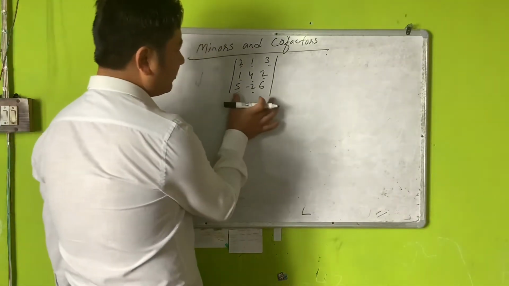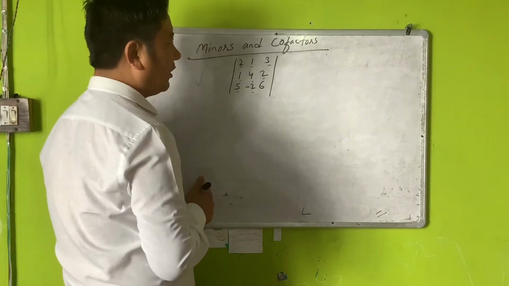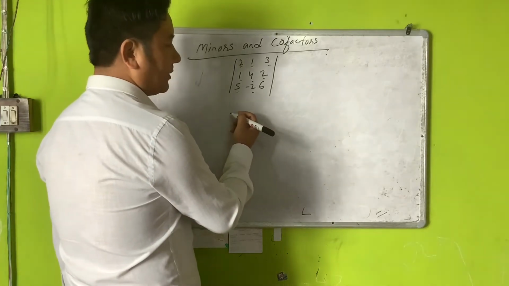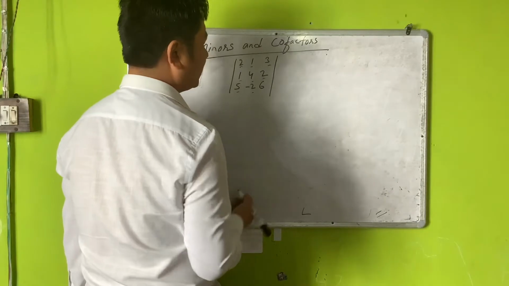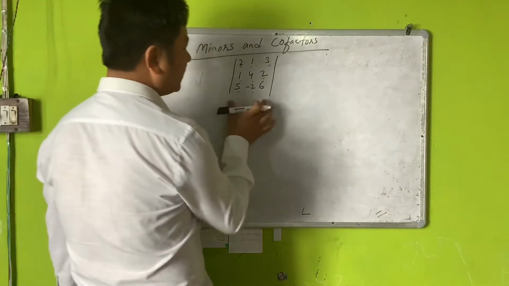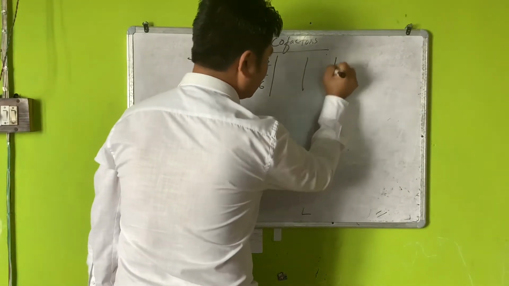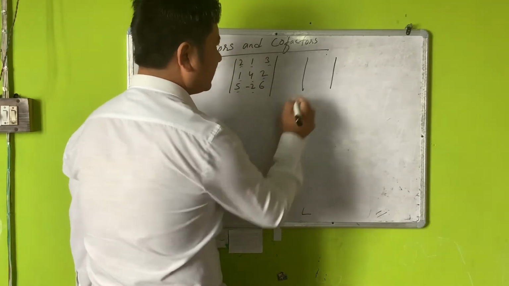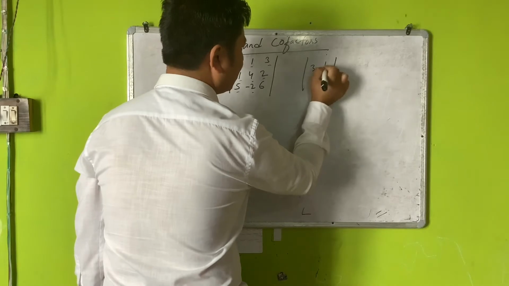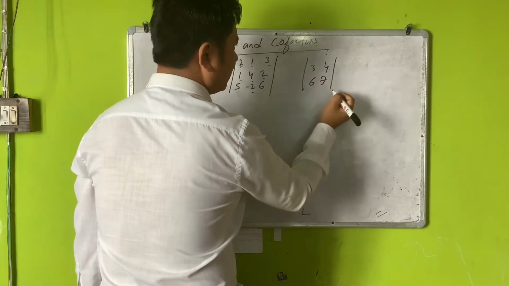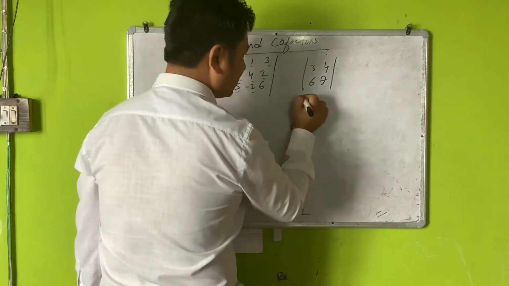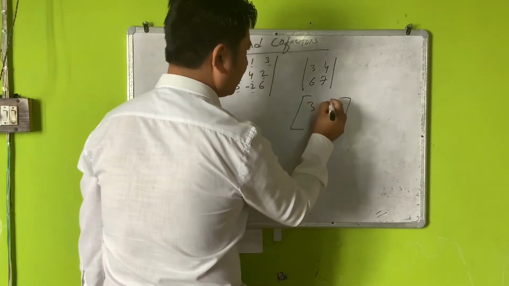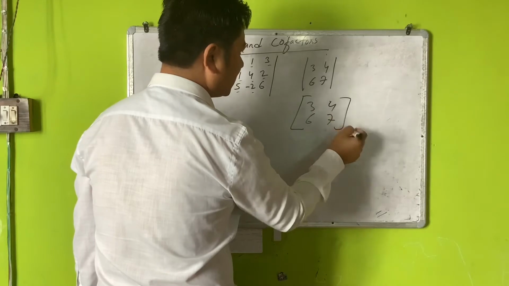Now this is the symbol of determinant. Have you heard about determinant in your class 12 level? I think most of you have. If the numbers are inside this symbol, then it is a determinant: 3, 4, 6, 7. But the symbol of matrix is this. If 3, 4, 6, 7 is inside this, it is called a matrix.